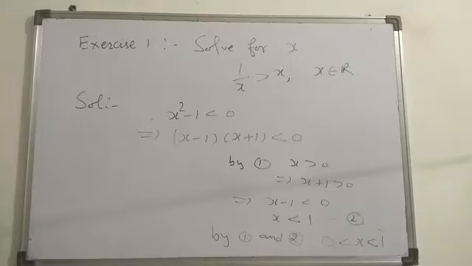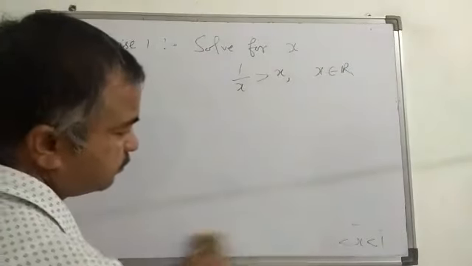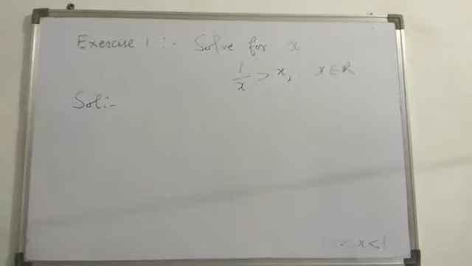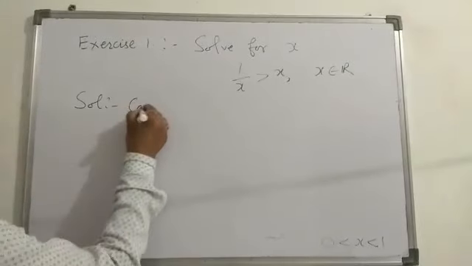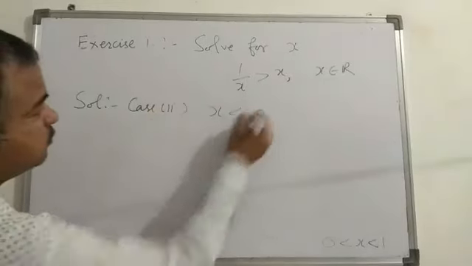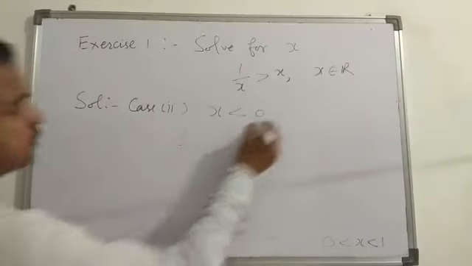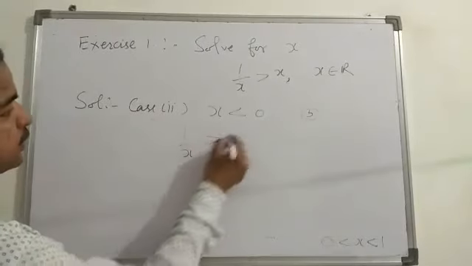Now case 2, if x is negative, call it as 3. So 1 over x.